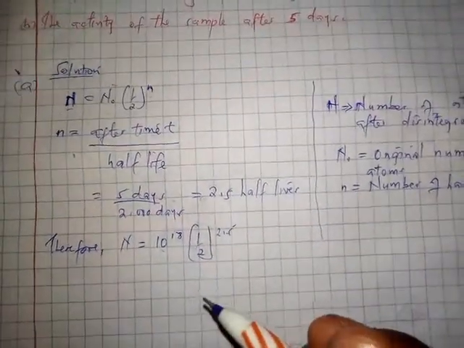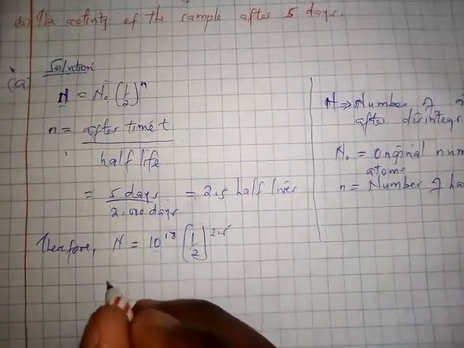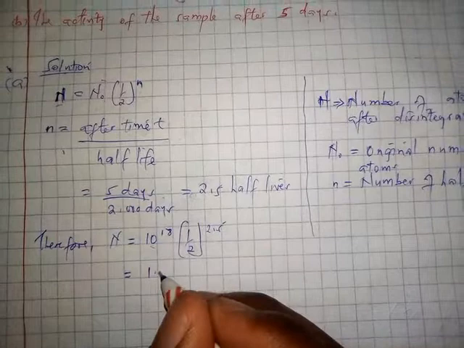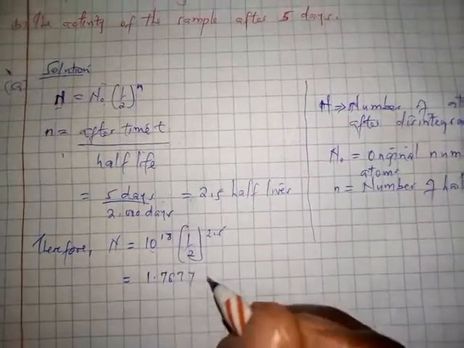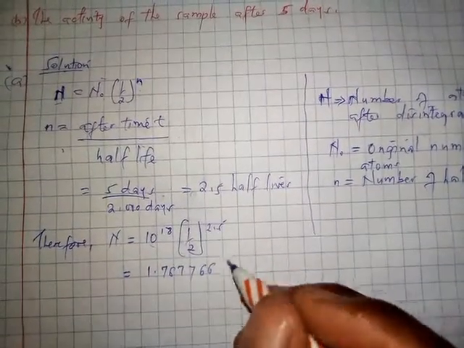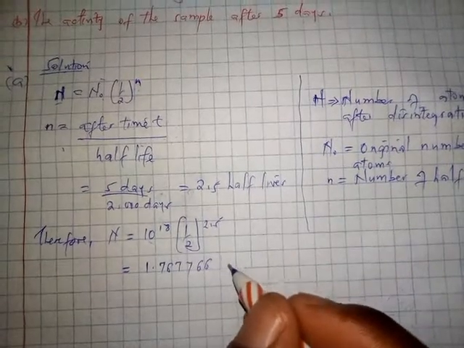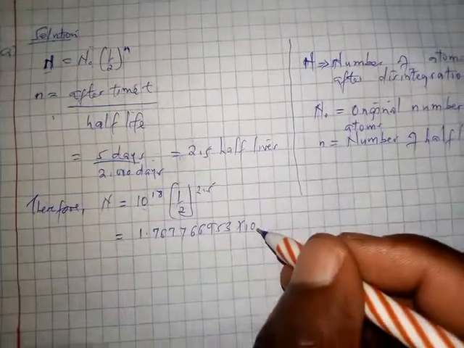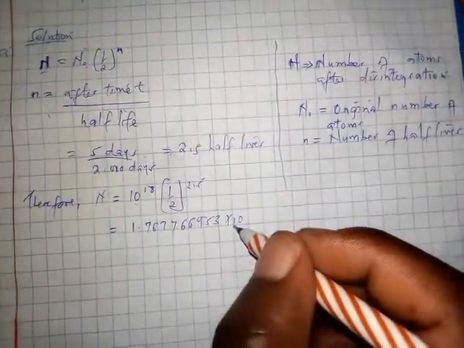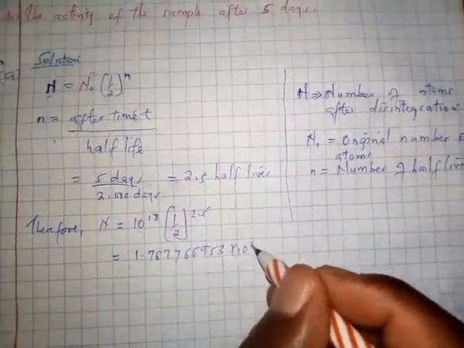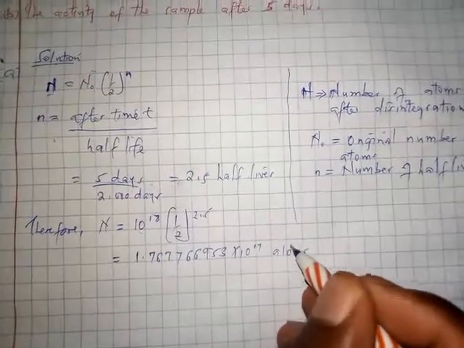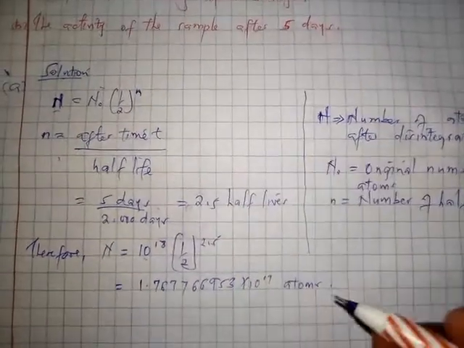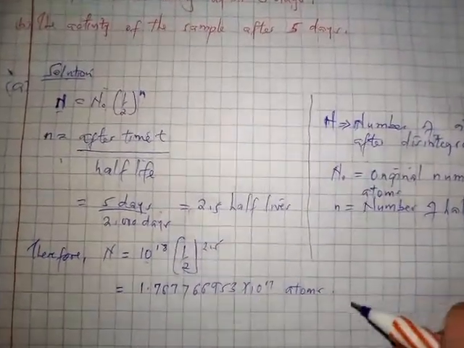This gives us 1.767766953 times 10 raised power 17 atoms. These are the atoms remaining.